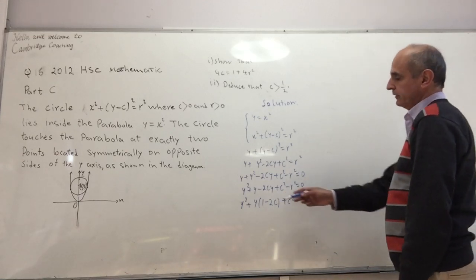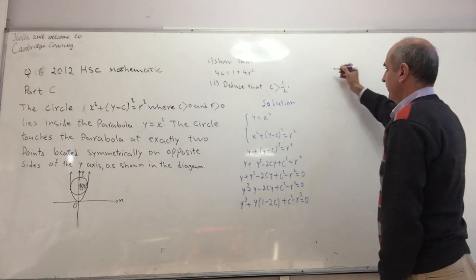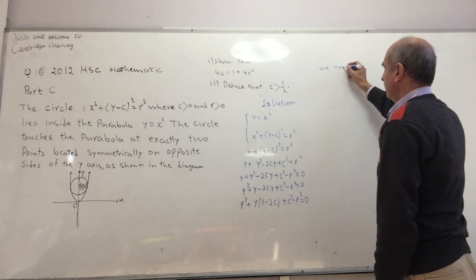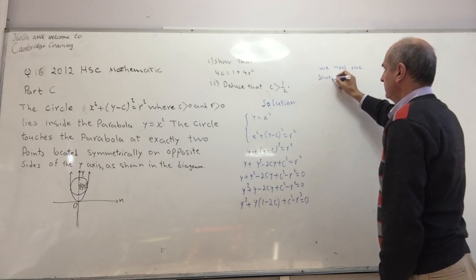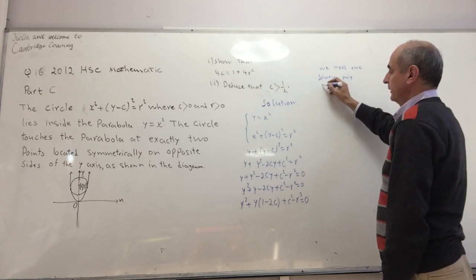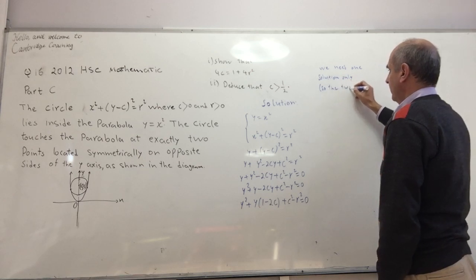We want this quadratic equation to have one solution, so we need one solution only. So the two curves are tangent.